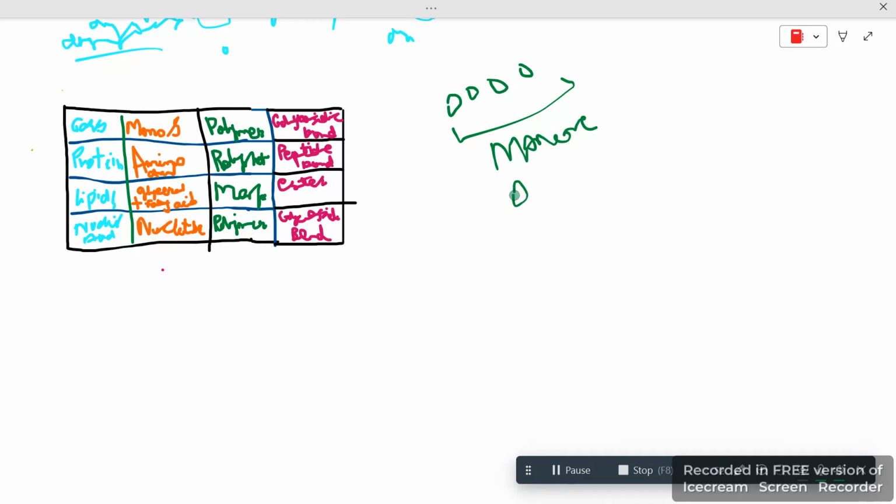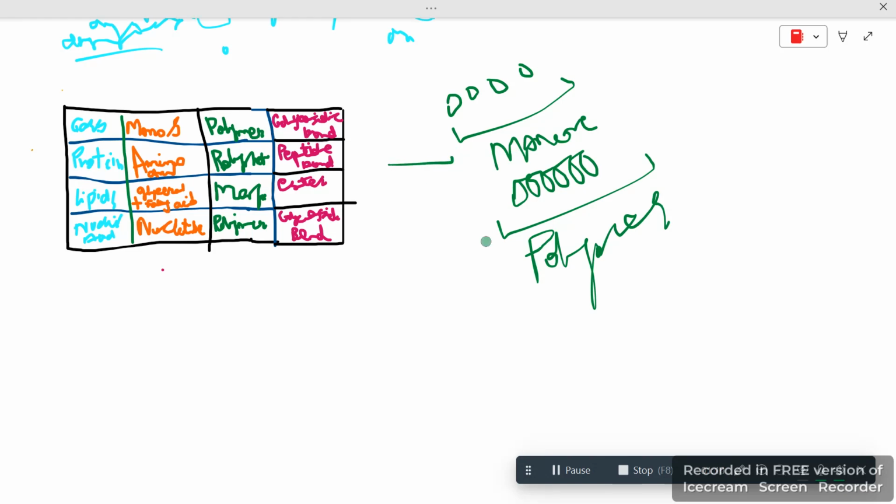But when these are combined like this, combined means they are making a bond. When they make a bond, this is known as a polymer. Okay, this is the monomer, this is the polymer.